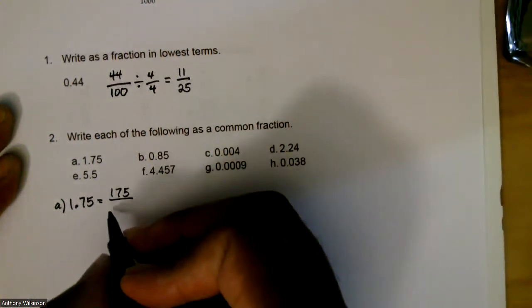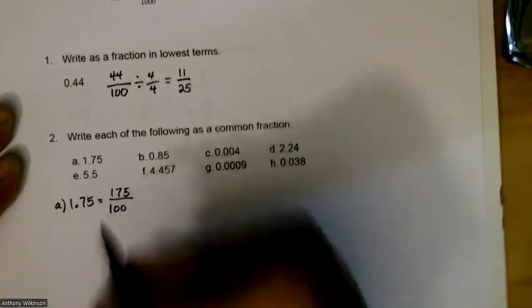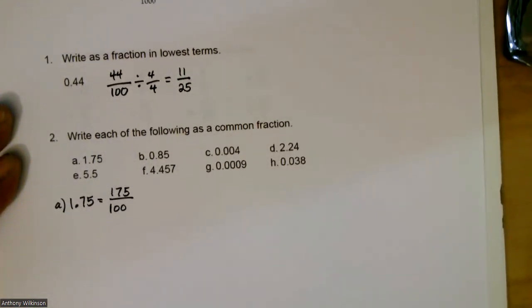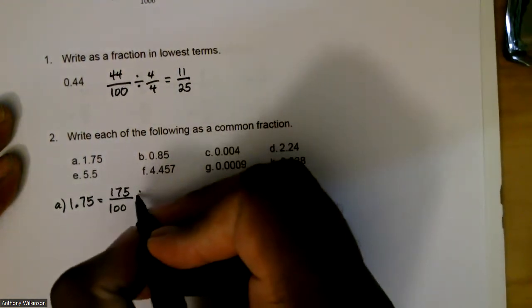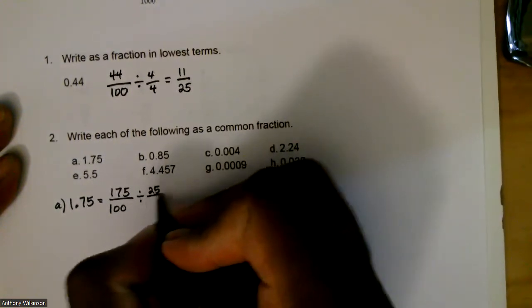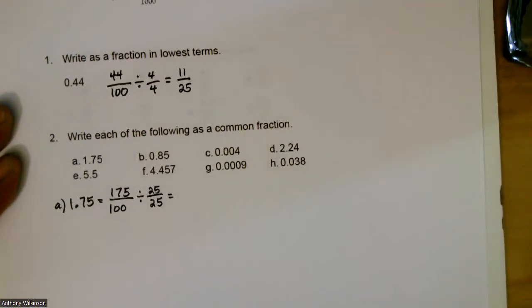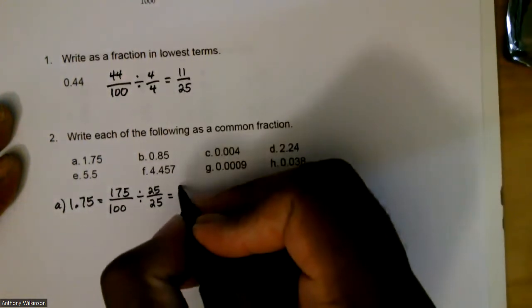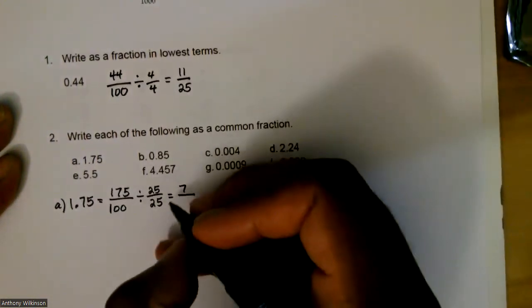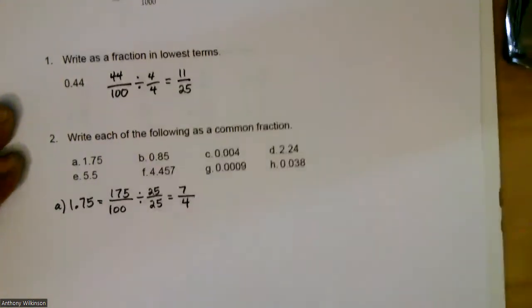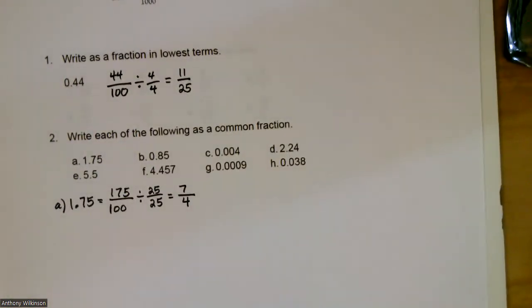So the denominator will have to be 100. So it'll be 175 over 100. But we need the largest number that would go into 175 and 100. In this case, it'll have to be 25. So I'm going to divide the numerator and the denominator by 25. Here, 25 goes into 175 7 times. 100 divided by 25 would be 4. So 1.75 as a simplified fraction will be 7/4.